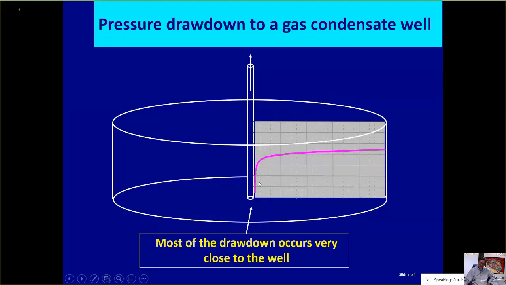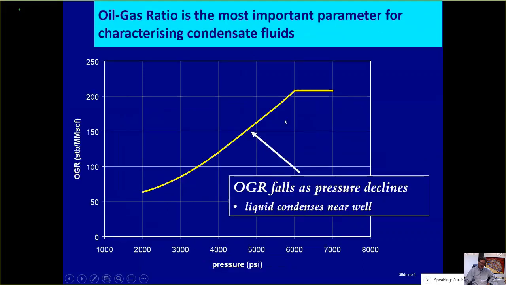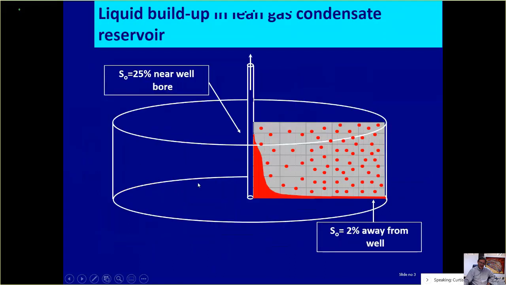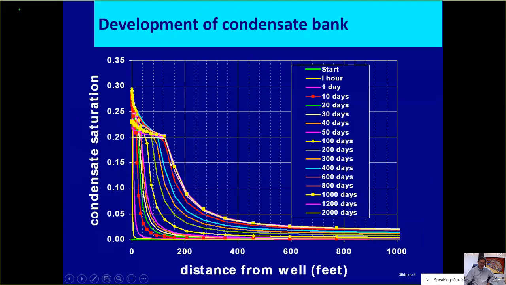This is most of the draw occurring near the well. We've talked about that. This is the oil gas ratio. This is the little RS curve. This is a pictorial of the blockage effect. But here are some simulations, and this tries to answer the question a couple of people have asked: how does this change over time?